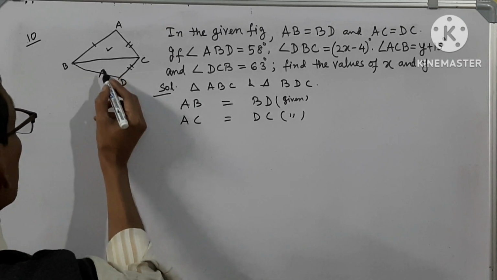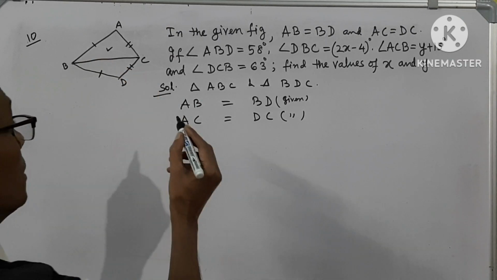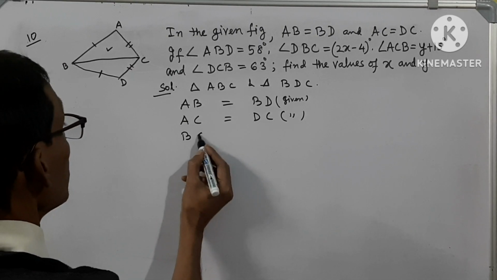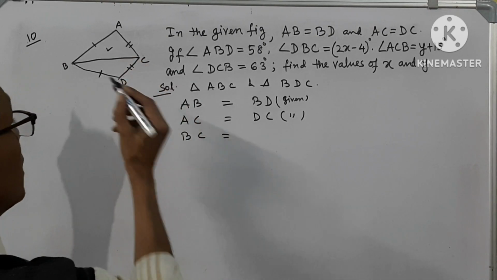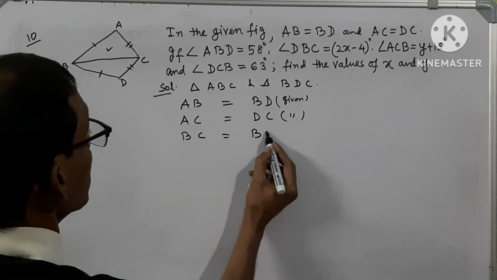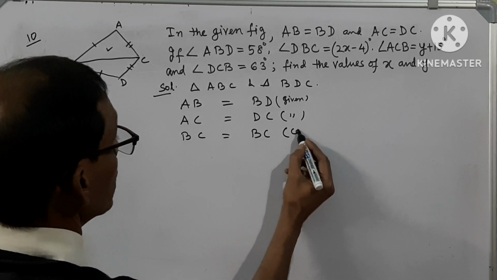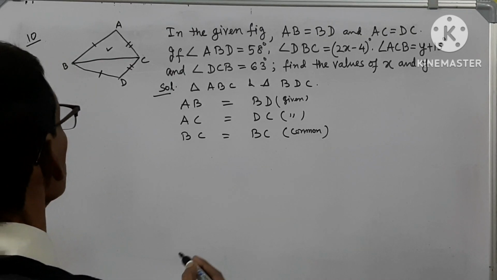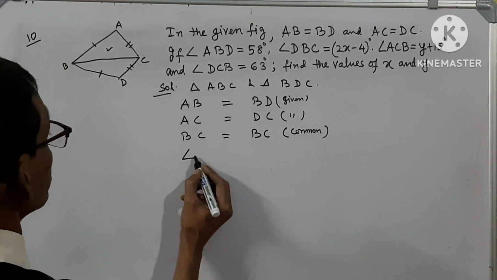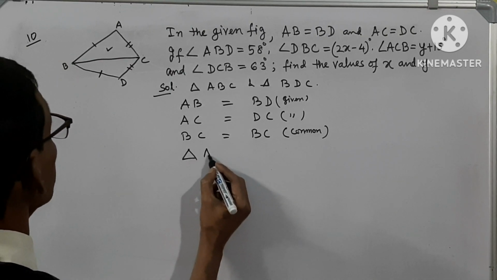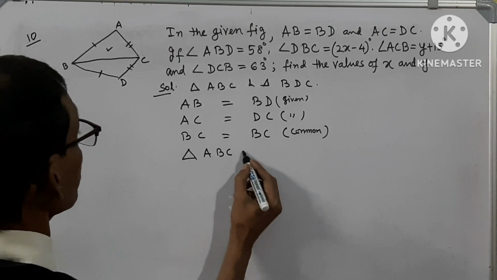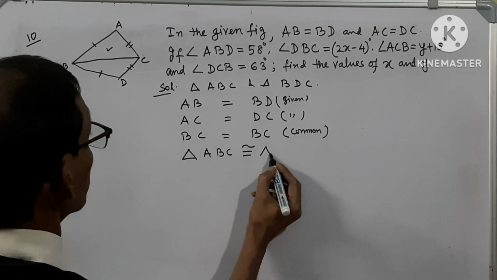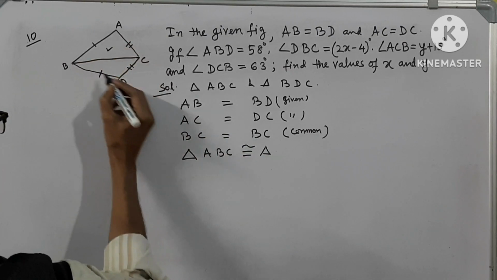And BC and BC are equal for both triangles because BC is common. So triangle ABC will be congruent to triangle DBC.